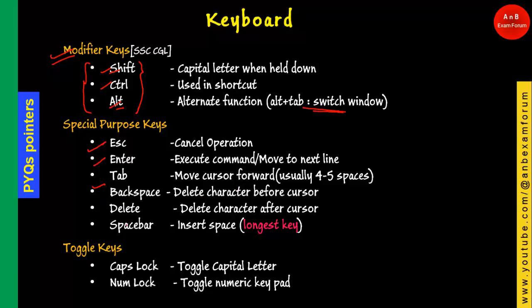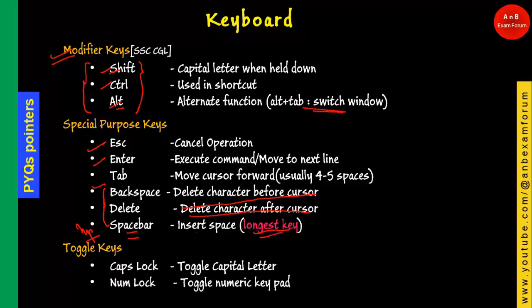Backspace is very important because it deletes the character before the cursor, whereas the delete key deletes the character after the cursor. That is the difference between these two. And one important thing is that the spacebar is the longest key on the keyboard.